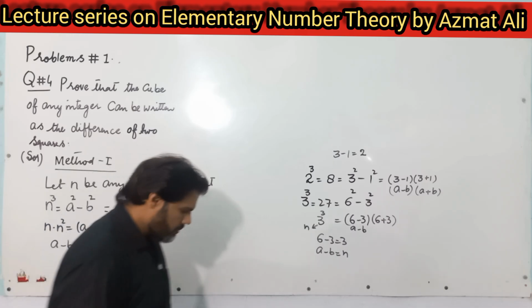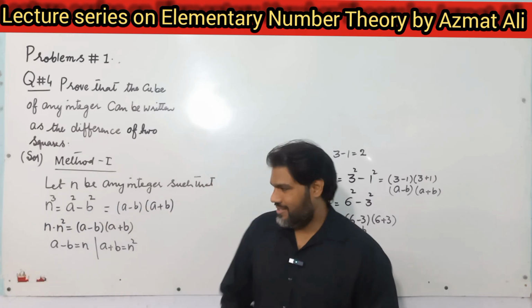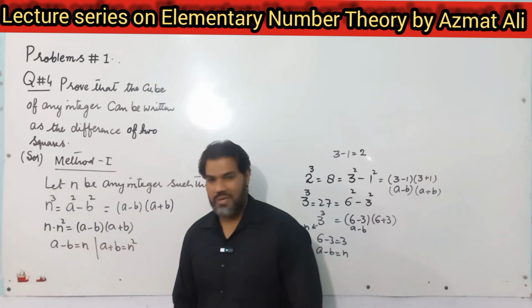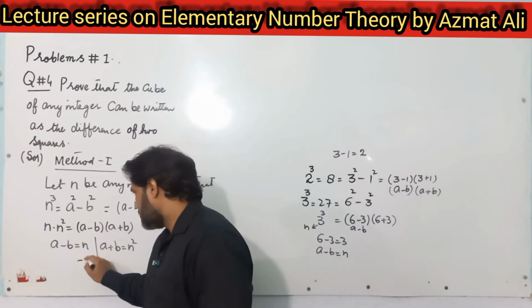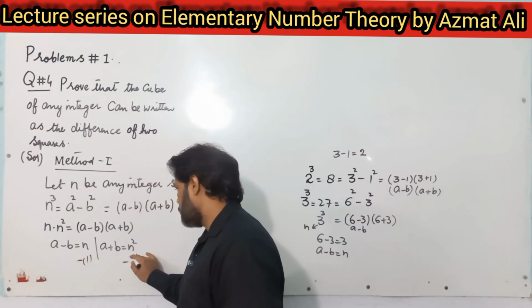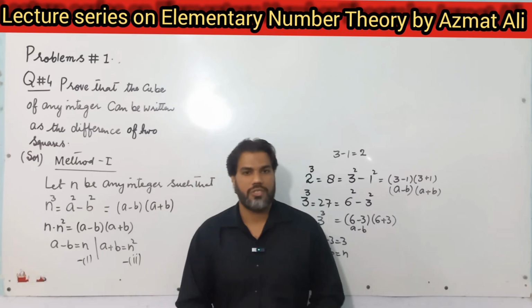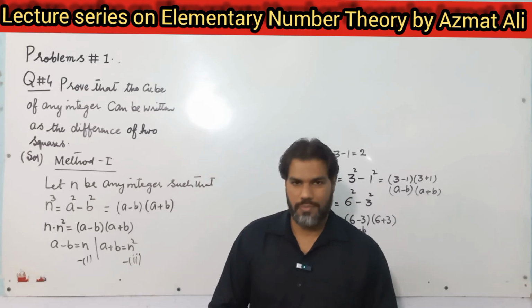So we can set a minus b is equal to n and a plus b is equal to n square. This is my equation number 1 and this is my equation number 2. From these two equations, we will find the values of a and b.